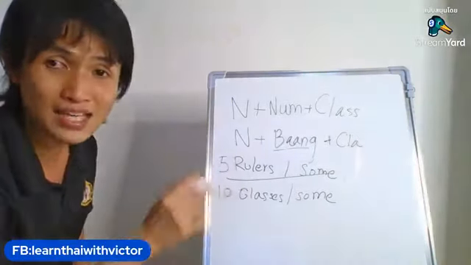Okay, when you use the word some with this noun, rulers, ไม้บรรทัด, you change only the middle of the phrase: ไม้บรรทัด บางอัน.